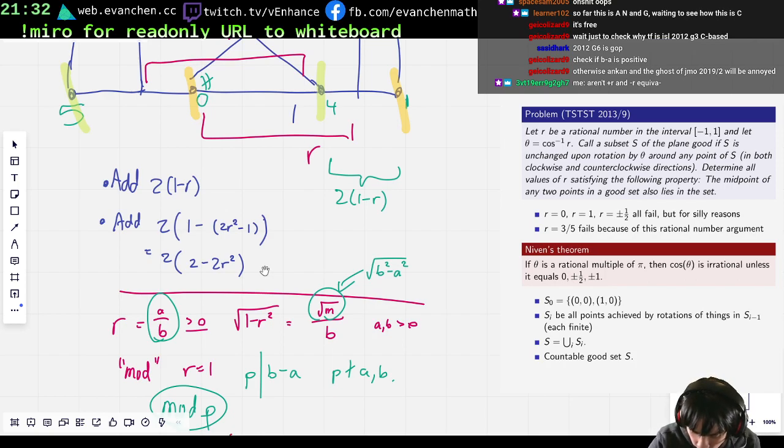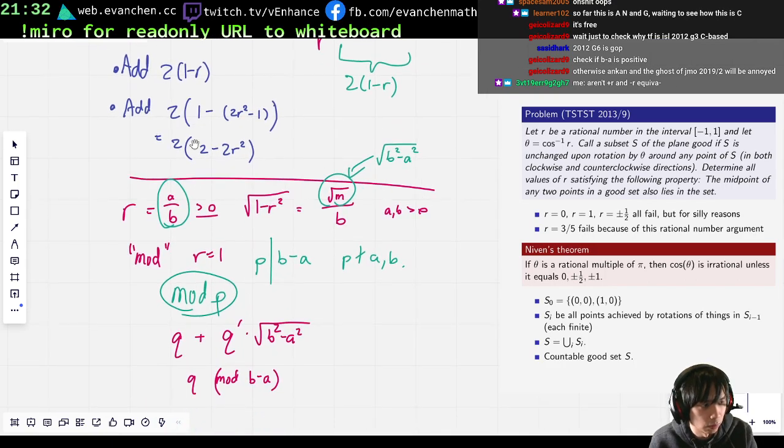And the claim is that q mod b minus a makes sense, which it will because no bad denominators show up, and is always equal to 1. Or 0. Wait, hang on. No, this doesn't make any sense. What? B minus a is... No. What is going on?